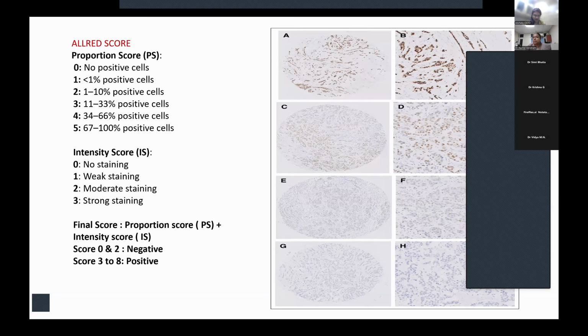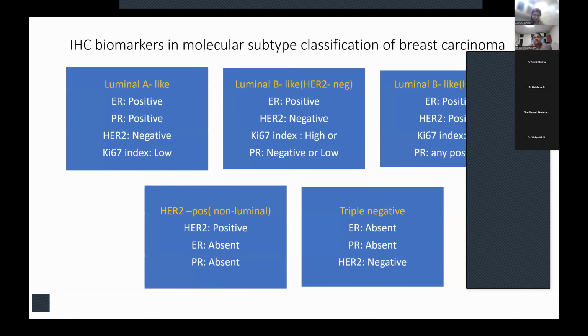Why is this important? Evaluation of these IHC biomarkers, that is ER, PR, HER2 status, along with the Ki67 proliferation index, helps in the molecular subtype classification of breast carcinoma. So using these markers, we can classify it as luminal tumors, non-luminal tumors, and triple negative tumors.